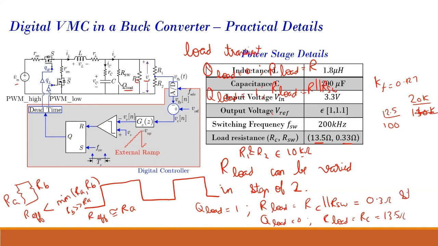In this case, this is a step up. When Q load is 1, that is a high load condition, because when your resistance is less, then your current drawn is more. So this is the thing to keep in mind. When your resistance is less, your current drawn is more, and your load is higher. When your resistance is more, your load is less, and your current drawn is low.